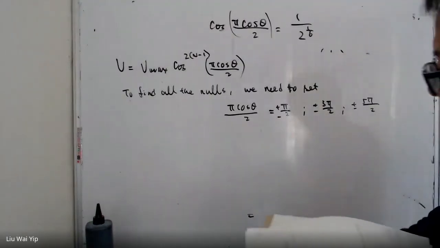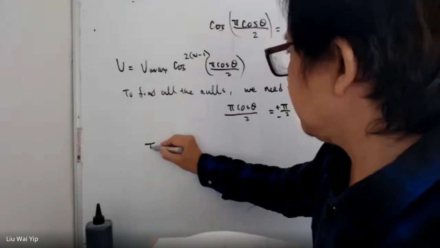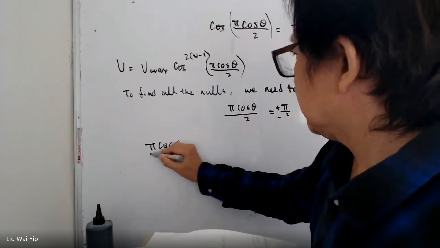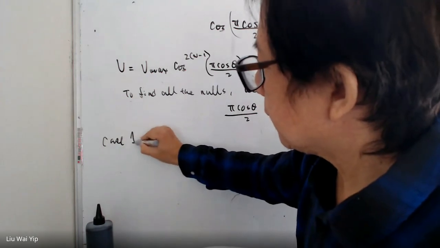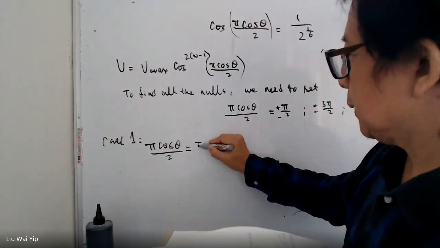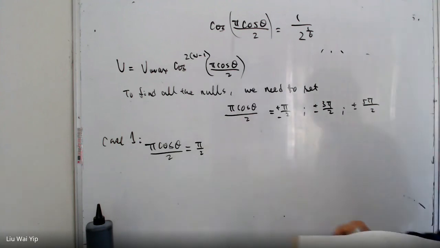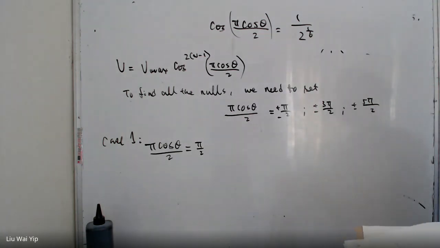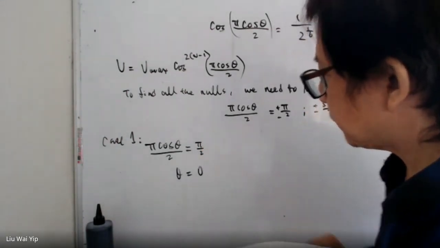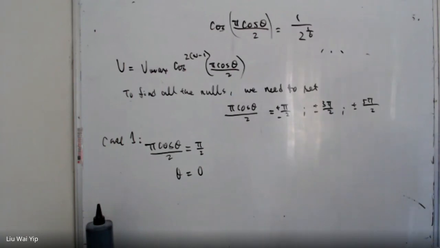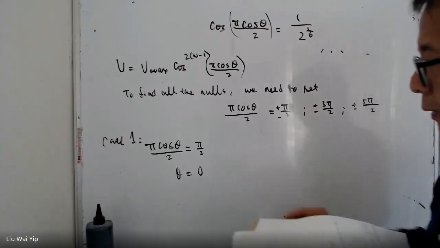So we start from here, case 1, let's say this one is pi divided by 2, and beta is 1. The only value that you end up with for this one is 0, or beta is pi.